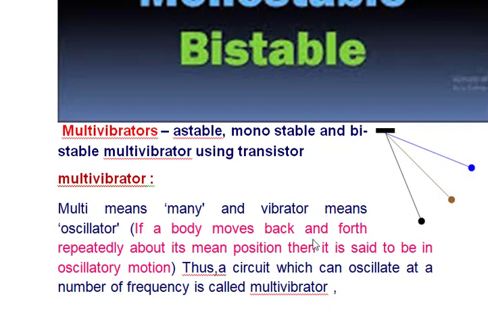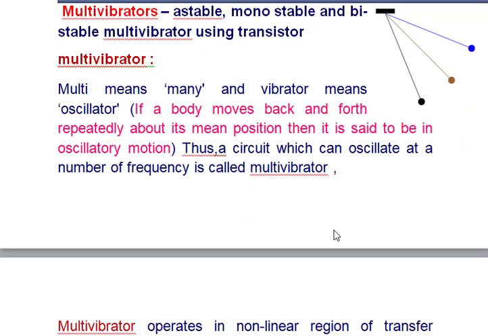When a body moves back and forth repeatedly about its mean position, it is said to be oscillatory motion. Thus, the circuit which produces oscillations at a number of frequencies is called a multivibrator.